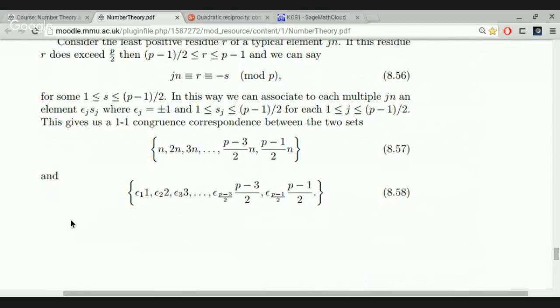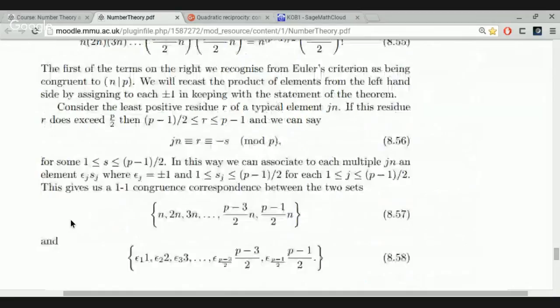Remember, we looked at each of these multiples of n, j times n, and we associated that with some residue, rj.